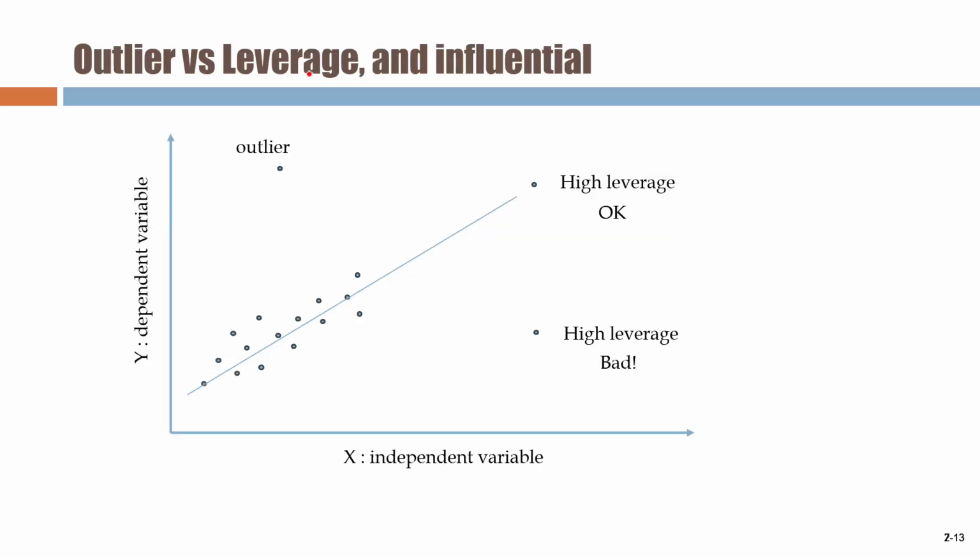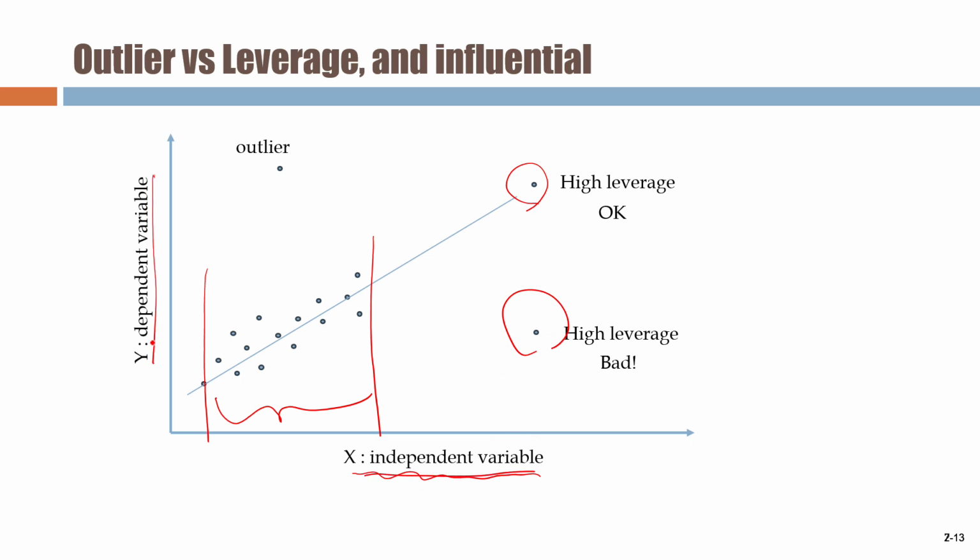Outlier and leverage. Leverage depends on looking at the independent variable. The independent variable is here, so these 2 points are outside of the range. So outlier or leverage depends on whether you are looking at the dependent variable or the independent variable.